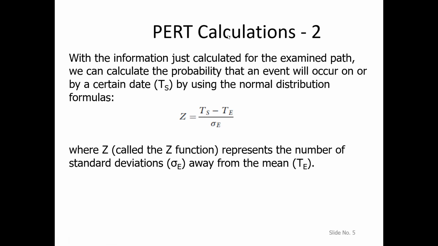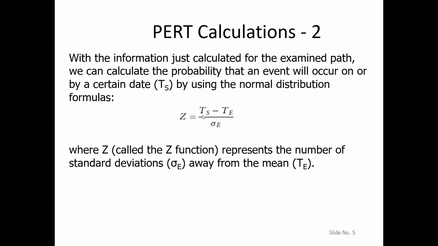After doing this, we will use this information calculated for the examined path to calculate the probability that an event will occur on or by a certain date, TS, by using the normal distribution formula.